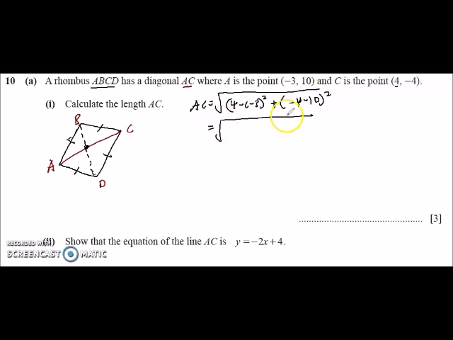Here we'll be having 7 squared plus negative 14 squared. You add 7 squared plus 14 squared and you'll be getting the square root of 245, which is 15.65. This is the answer, and you'll be getting 3 marks here.